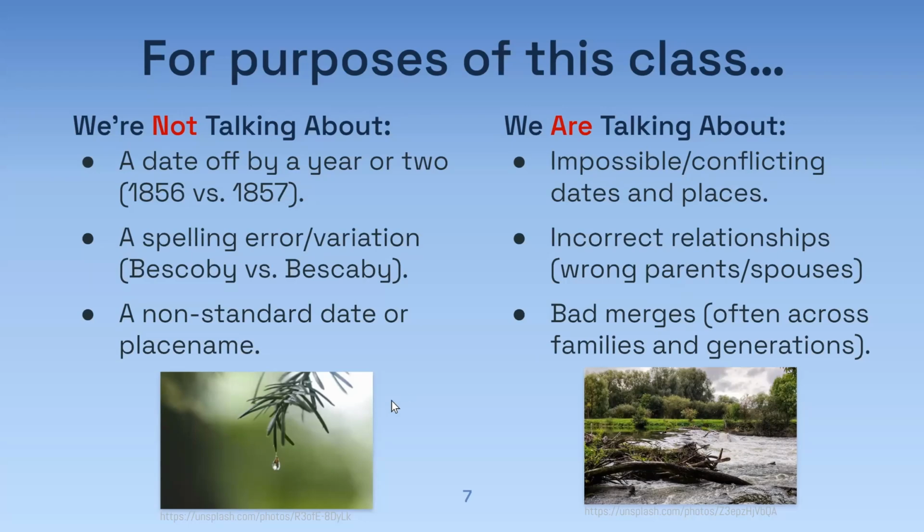If these little problems are like a drop of water on a tree, these types of problems are like the rushing stream that can knock branches off and sometimes even make trees fall into the stream. So these are the kinds of problems that we're going to talk about resolving today.